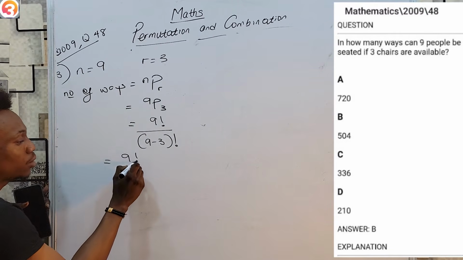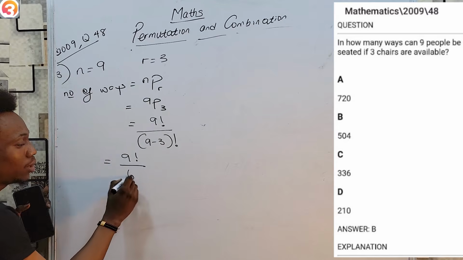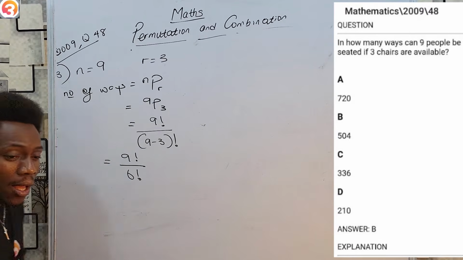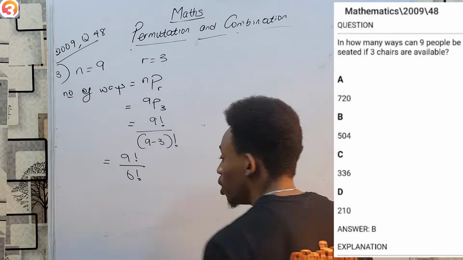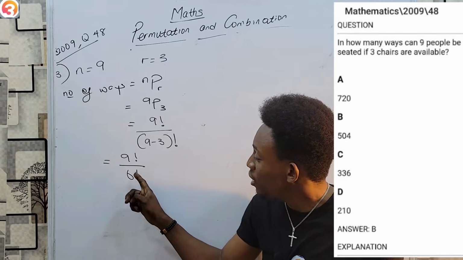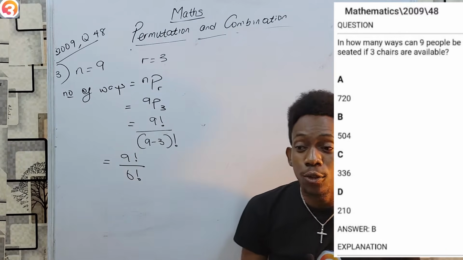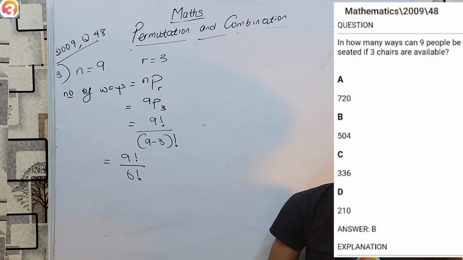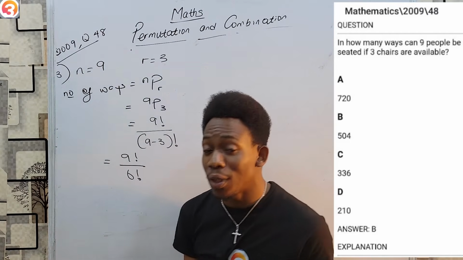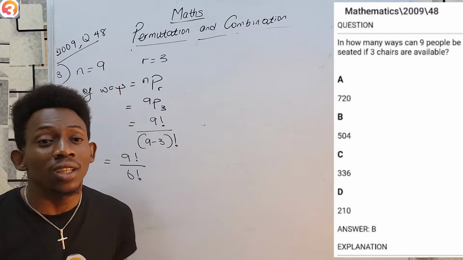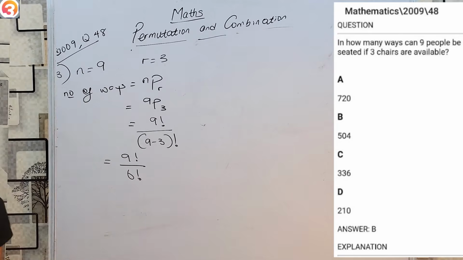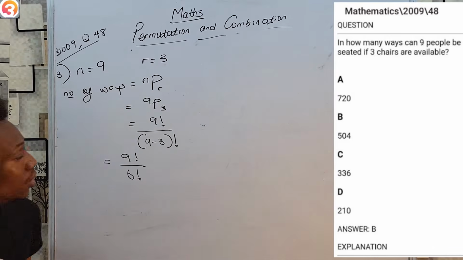Now this will be 9 factorial over 9 minus 3, which is 6 factorial. And please take note, the mathematical equivalent of just dividing both sides by 3 doesn't apply in factorial's case. Just like if you have sine 60 over sine 30, you won't just say 60 over 30 is 2. No, you have to expand first.